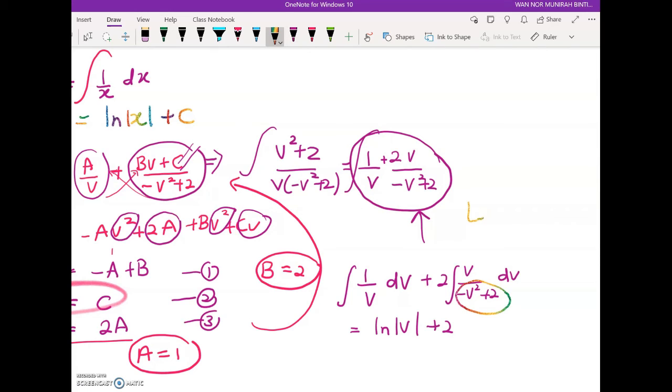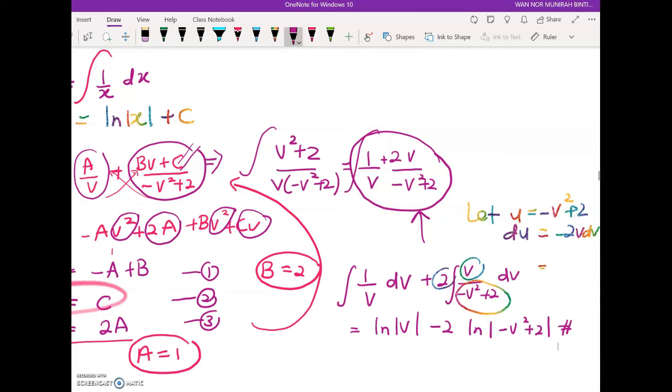So let u equal negative v squared plus 2, therefore du equals negative 2v dv, but here you have 2v dv without the negative sign, so this one is no longer plus, it is minus natural log of negative v squared plus 2. Alright, so this is for your left hand side of your equation.